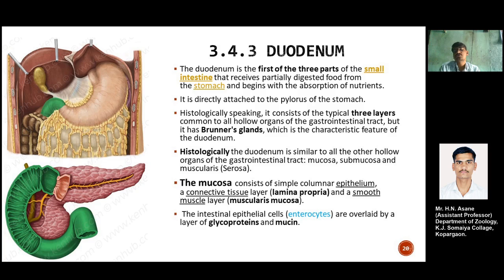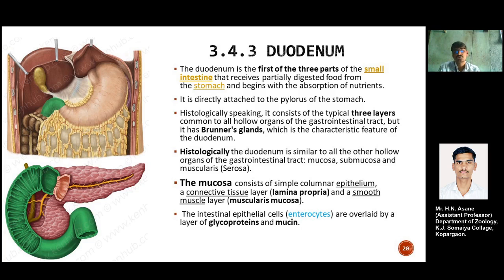Brunner's glands are present in the submucosa, which is the peculiar characteristic feature of the duodenum. Why is the Brunner's gland so important? We will see in the upcoming slides why it highlights the specific characteristic of the duodenum.